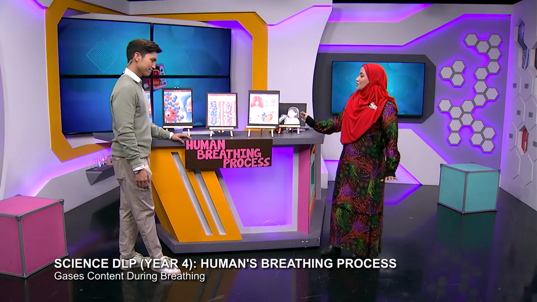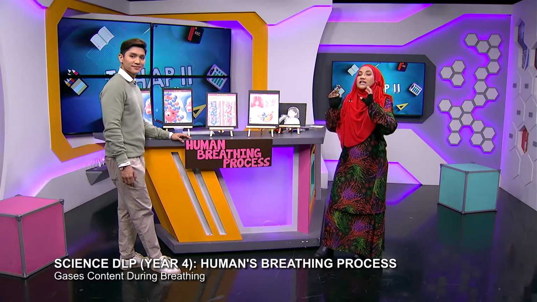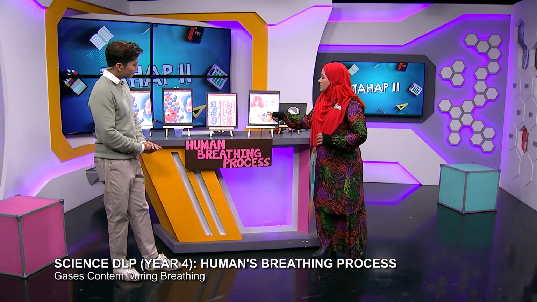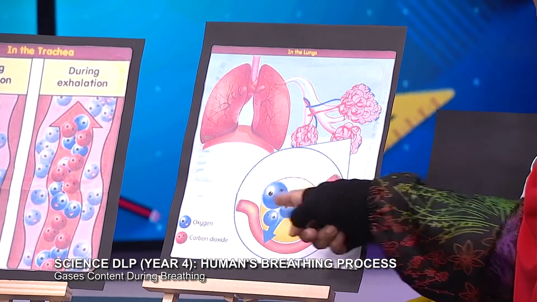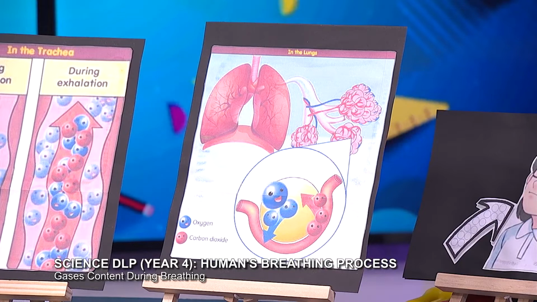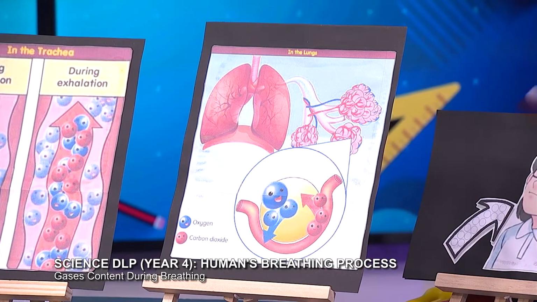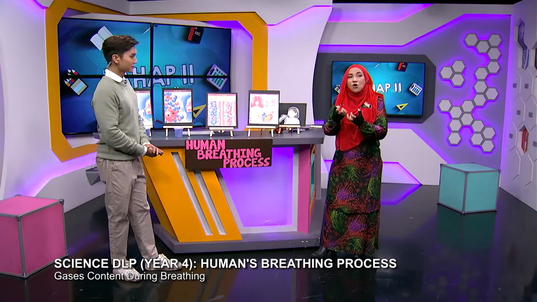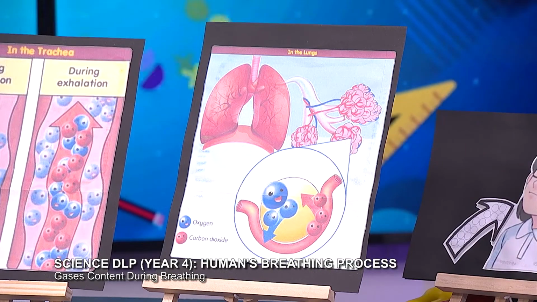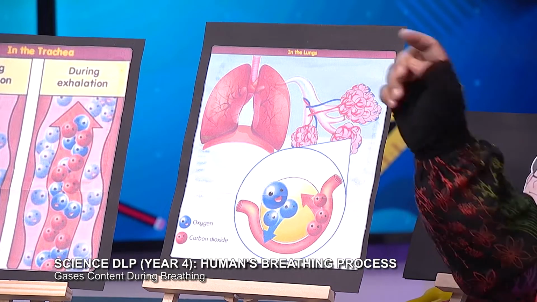Now, this is what happens in the lungs, where the gases will exchange. The blue ones, or the oxygen from the lungs, will go into the blood flow or the cells near the lungs. The cells will take in the oxygen, and carbon dioxide from the nearby tissues and cells will go into the lungs.